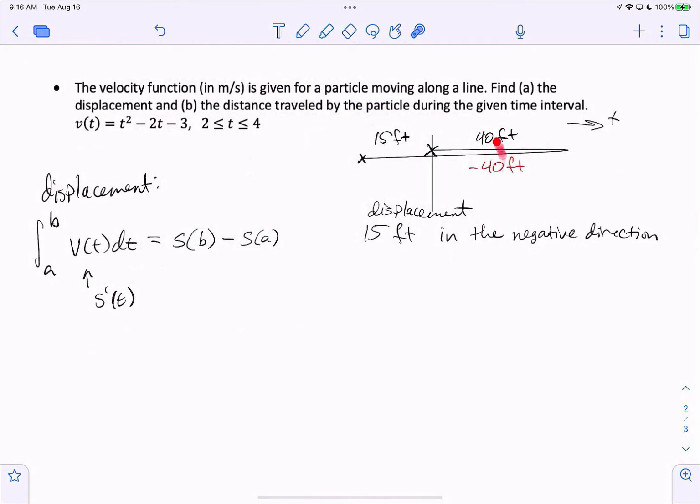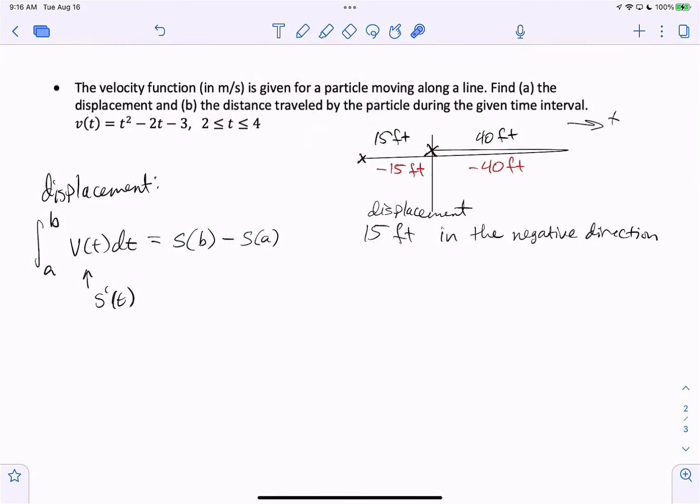And those 40 feet canceled each other out, right? Because you go 40 feet, you turn around, you walk back 40 feet, you end up where you started from. And then there was an additional 15 feet in the negative direction. And so the 40s canceled out, and then you ended up with a negative 15, right? So we said 15 in the negative direction.